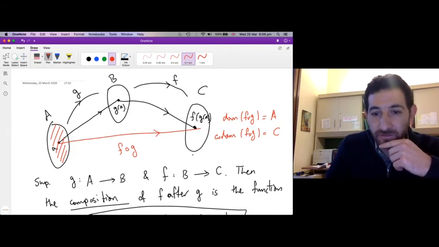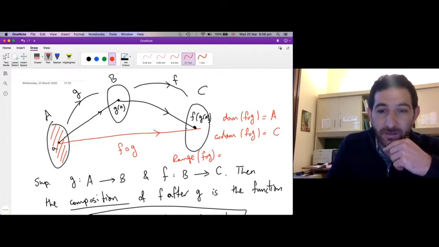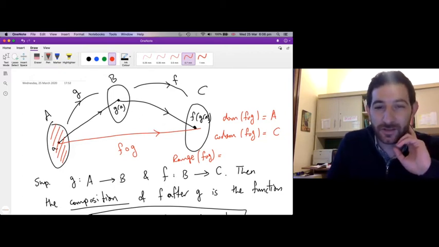So that's the codomain, but what is the range of f after g? It's the set of images of this function. But what are the images? They are the images under f of the images under g.